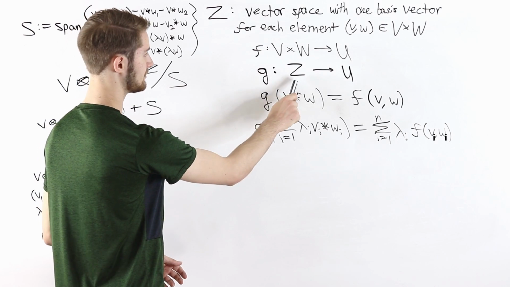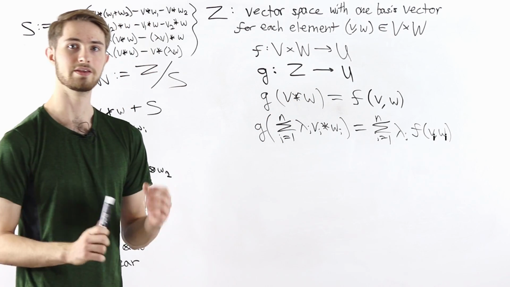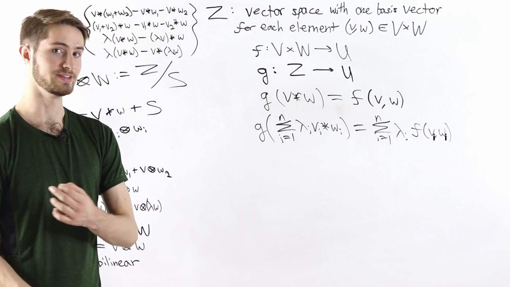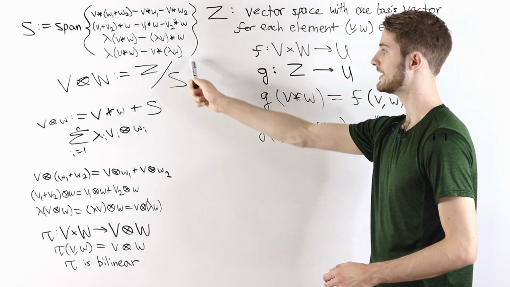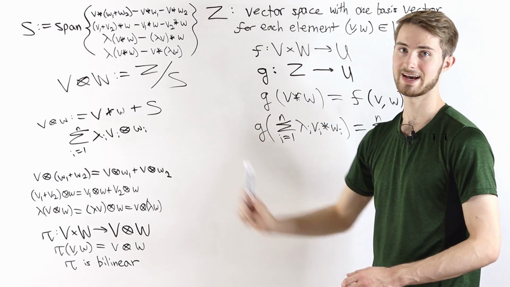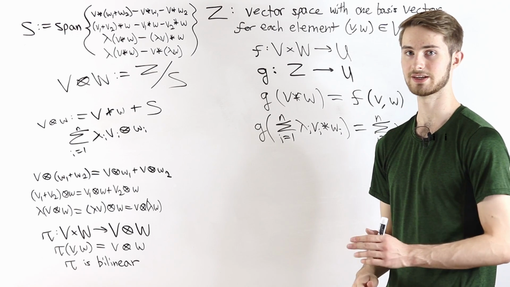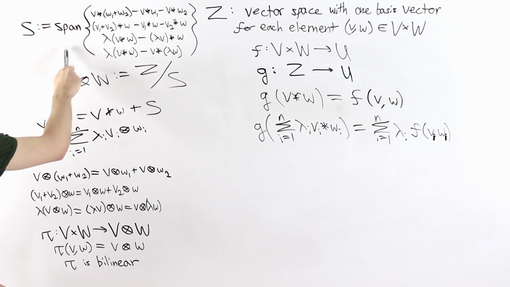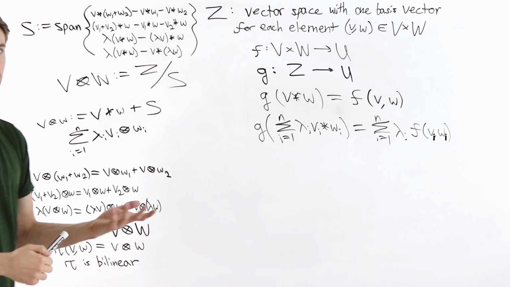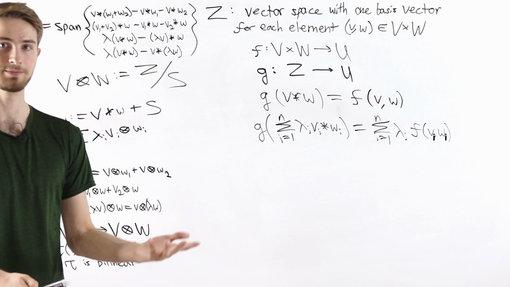We have a linear map from Z to U. The next thing we need to get a map on the tensor product is to make sure that g is 0 on every element of this subspace S. So that's our next step. Now remember that our definition of S is as the span of these 4 vectors for every possible v, w, and lambda.